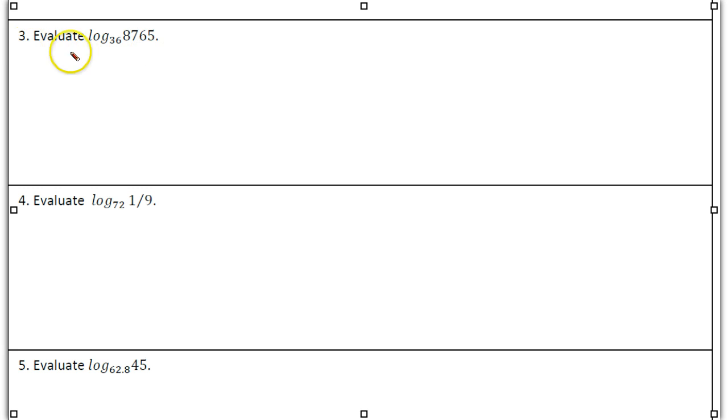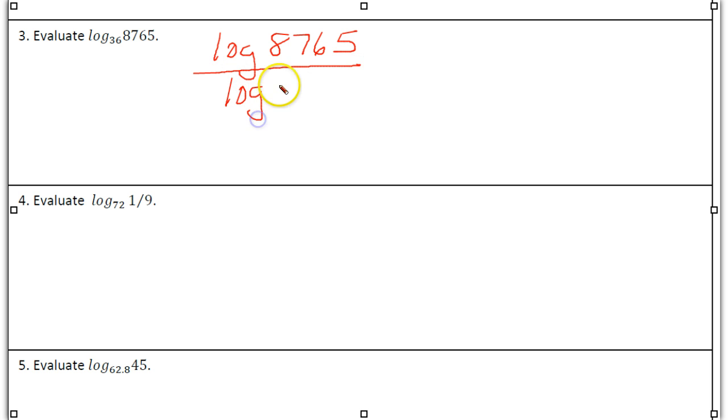So for number 3, log of 8765 divided by log of 36. This is the change of base formula, and this is approximately 2.533.